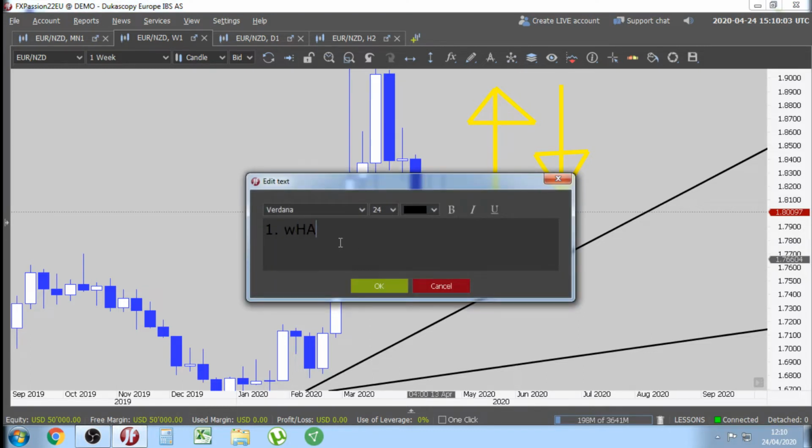Number one, what are the convergences that confirm my theory or my idea, let's say idea? And number two, which is more important, what is my technical risk?